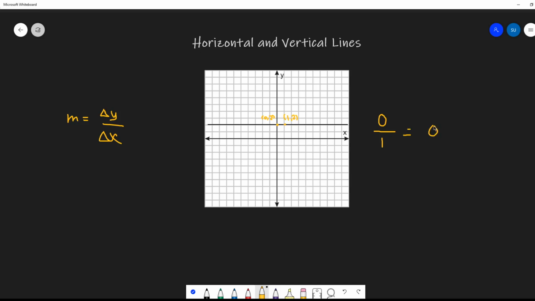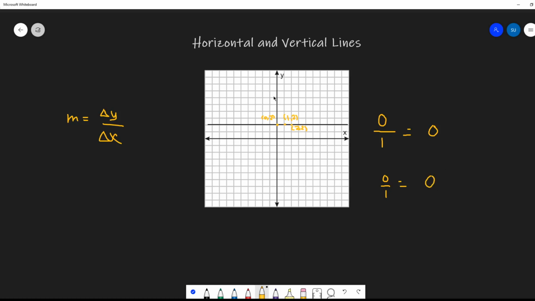And we could do this for any 2 points on this line, and we'll see that the delta y will always be 0, and because of that, the slope is always going to be 0. So let's do that for this point 2, 2, and we would see that 2 minus 2 is 0, 2 minus 1 is 1, still going to be 0, right?